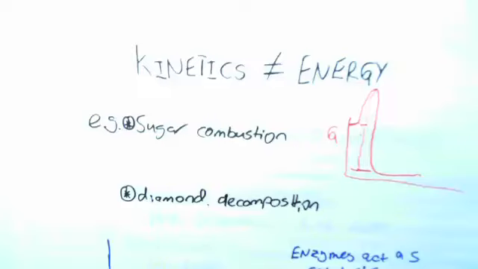Another interesting example of this is diamond decomposition. The thermodynamics of the system are that when you have a piece of diamond, the jewel, the system has a large energy preference to change the diamond back into graphite, which you find in pencils.